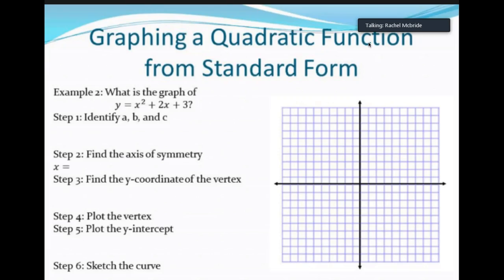Okay, what is the graph of y equals x squared plus 2x plus 3 going to look like? So this is now standard form. Standard form is y equals ax squared plus bx plus c.